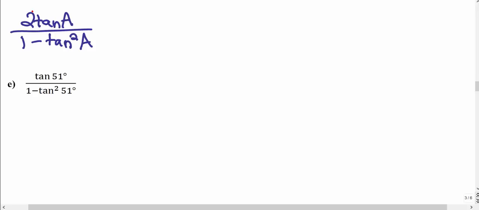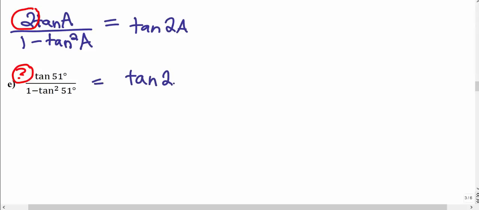The identity is multiplied by 2, so it's 2 times tangent A, and here we are missing a 2. So these are not the same, so I could not say that this is equal to tangent of 2A, because it is missing the 2.